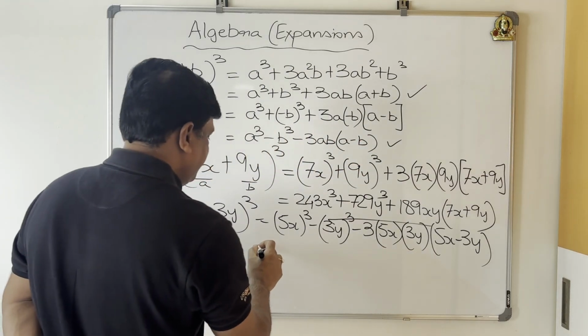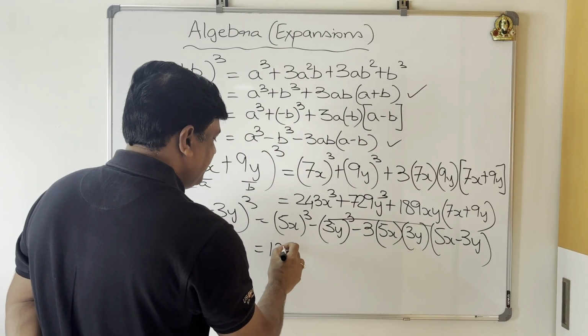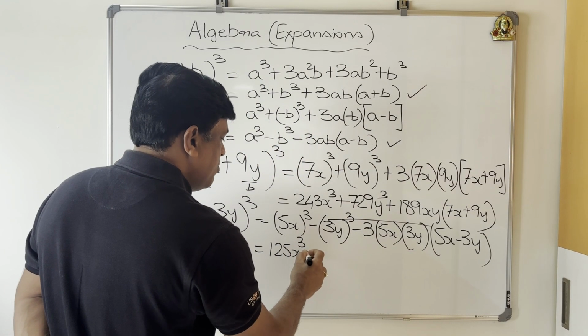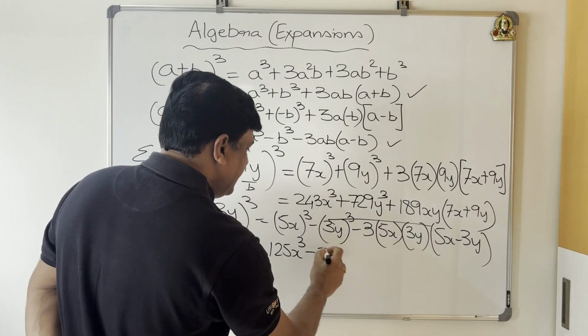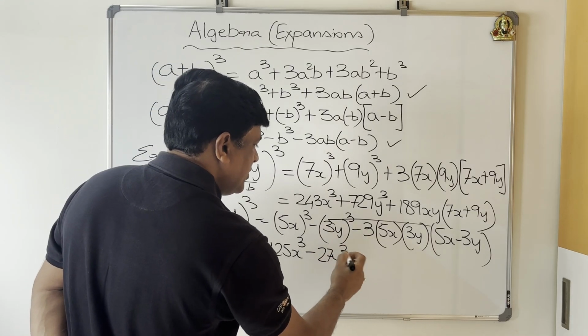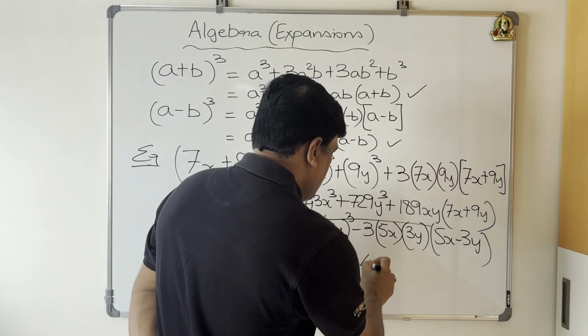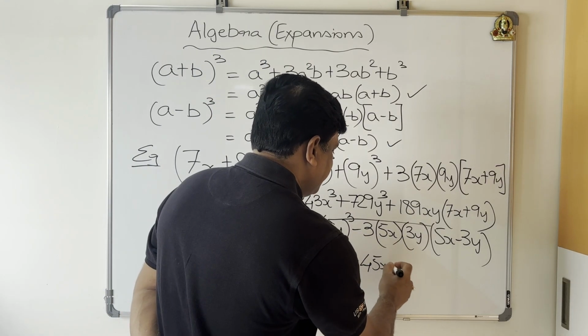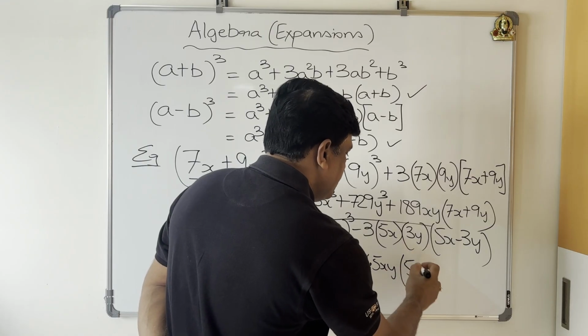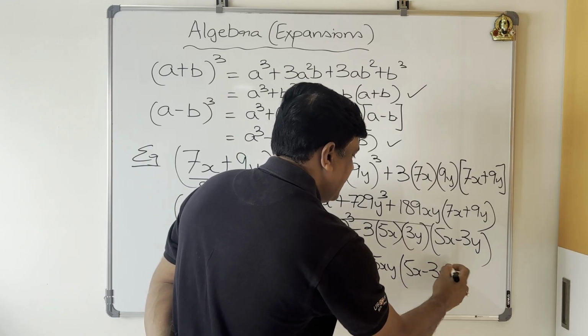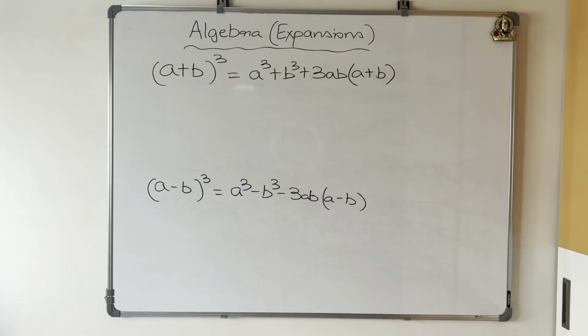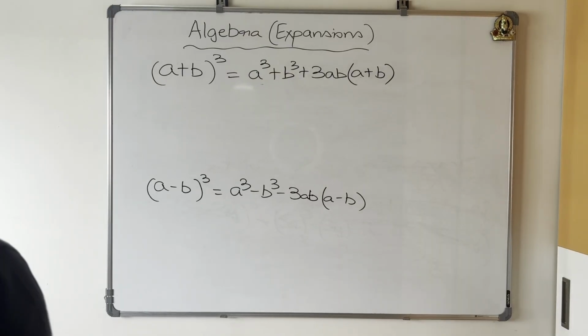So just expand this, you get 125x cube minus 27y cube, right, minus 3 5s are 15, 15 3s are 45, 45xy times 5x minus 3y. Okay, simple. So let's go further.